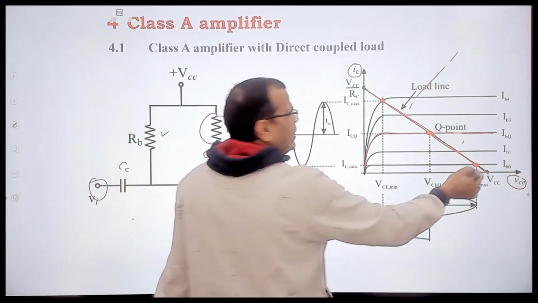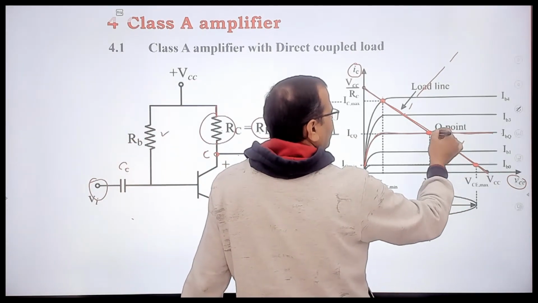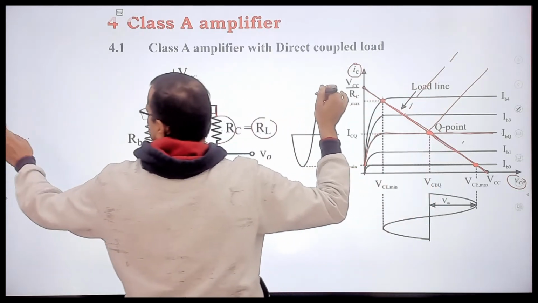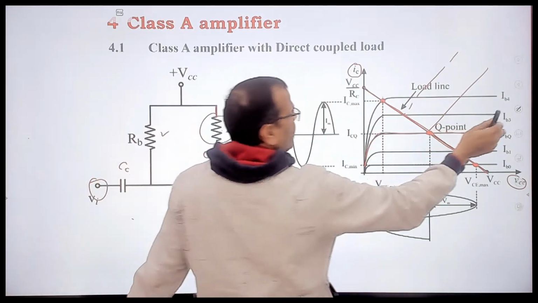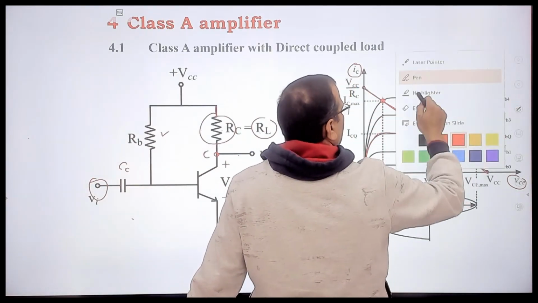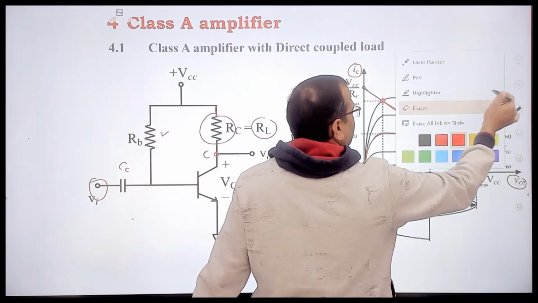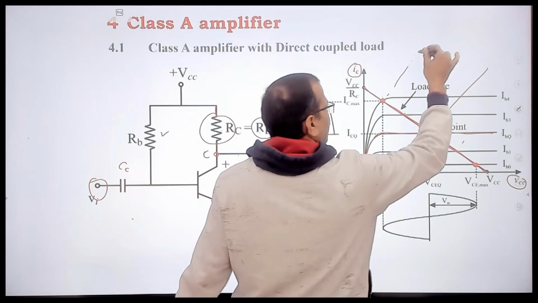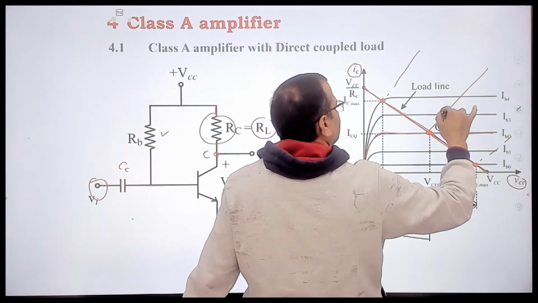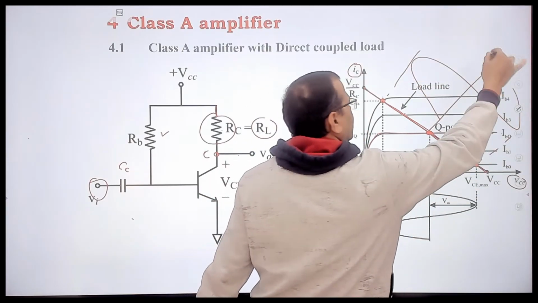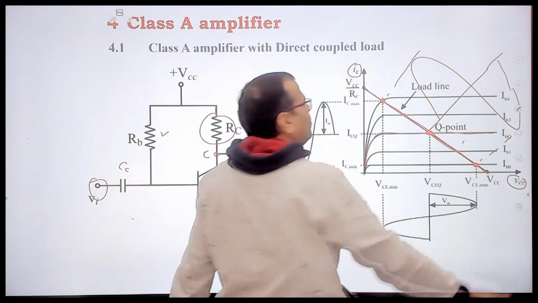And if the base current is varying between these two extreme values, I can draw the variation in base current like this. The base current is varying sinusoidally, that is the sinusoidal base current.